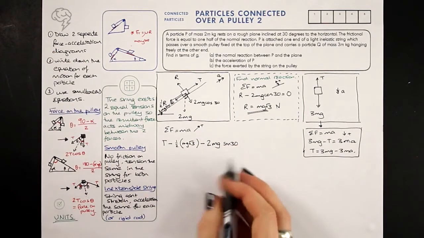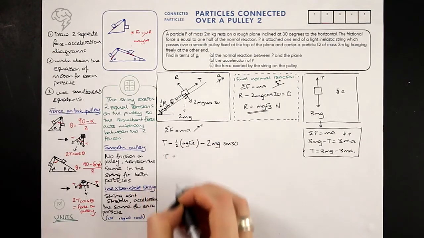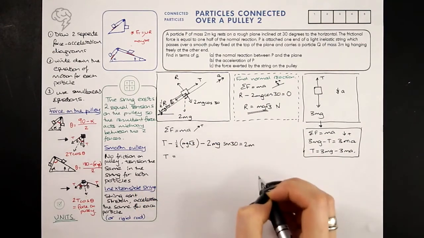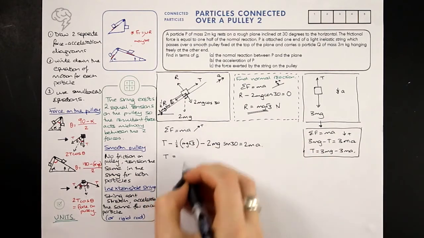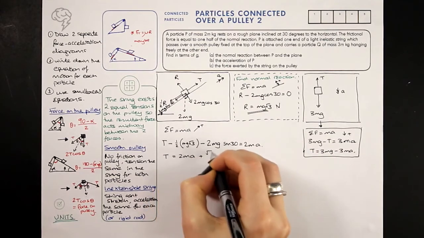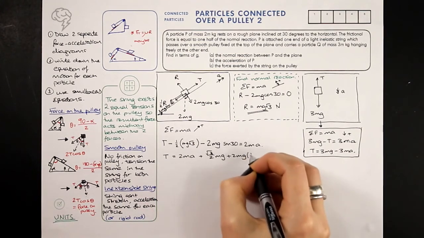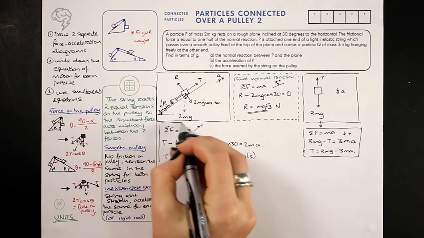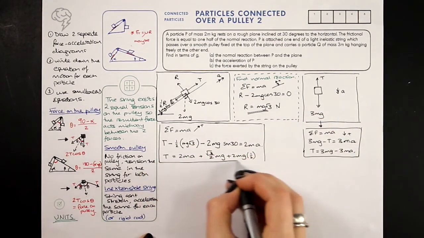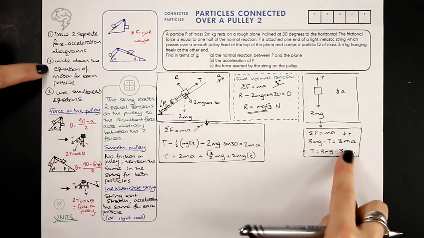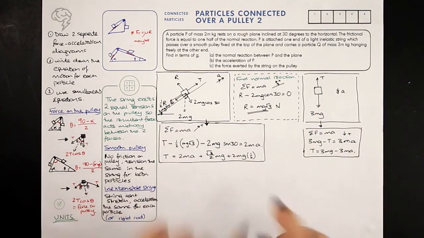Okay, and I'm going to make this one say T equals as well. T equals, what does this equal? The mass times the acceleration. Okay, so T is... So two force diagrams, equation of motion for each one, simultaneous equations.